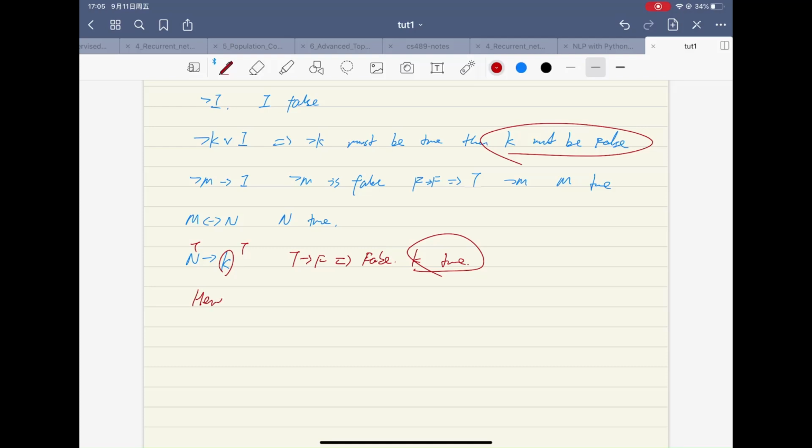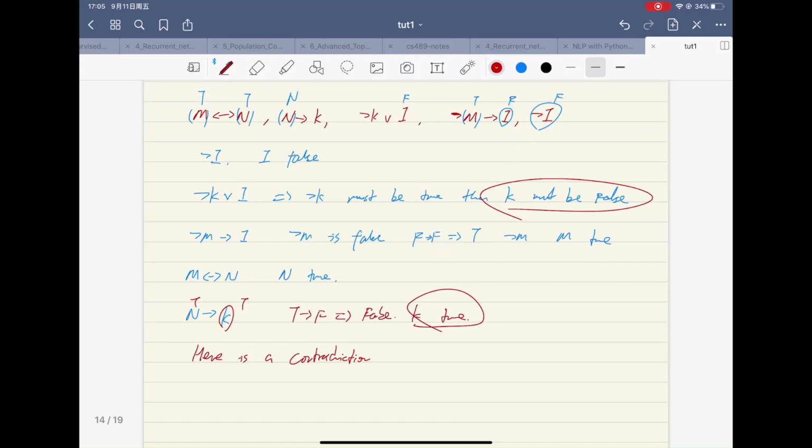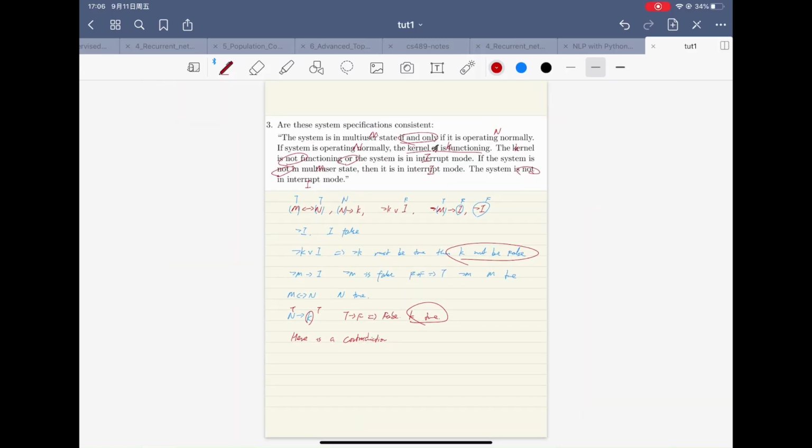Then here is a contradiction, right? Because by the analysis, we first find k must be false, then we find k must be true, so it's a contradiction. And as I just said, if the system specification has any contradiction, then it is not consistent, right? Then we're done, right?